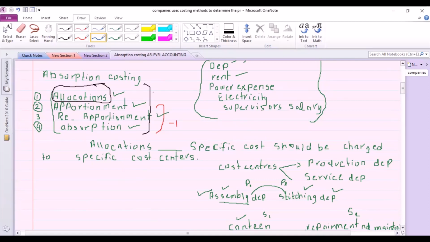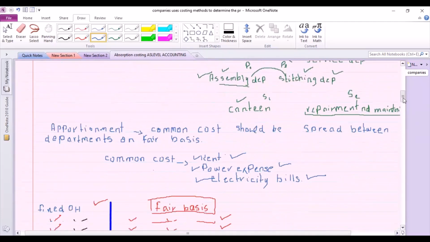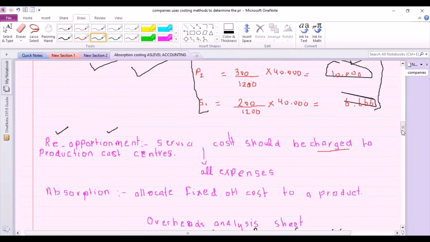send the specific cost to the specific departments. Means the cost which is occurring in the service department or in the production department, you just need to send all those costs to the respective departments.